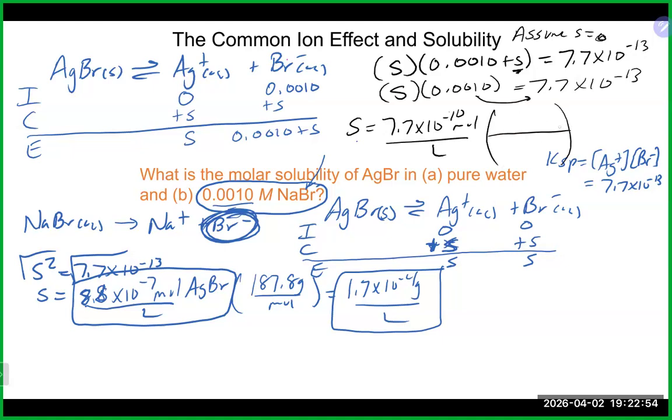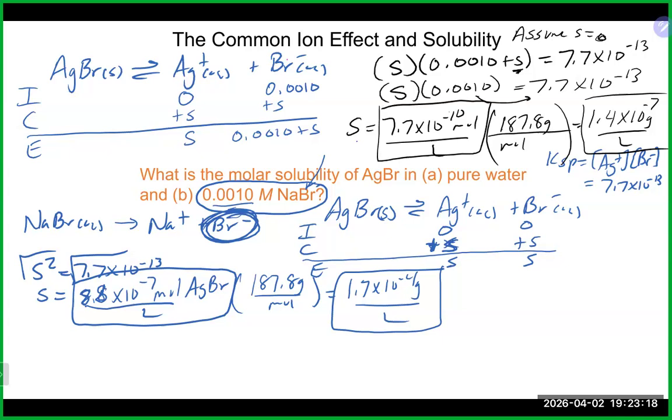We could also multiply it by the molar mass we calculated earlier, 187.8 grams per mole. And that's going to get us about 1.4 times 10 to the minus 7 grams per liter in this case. First off, any questions on that calculation?